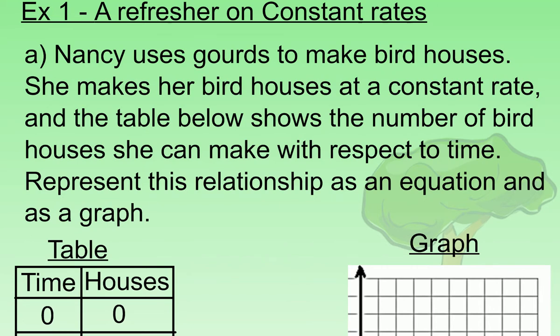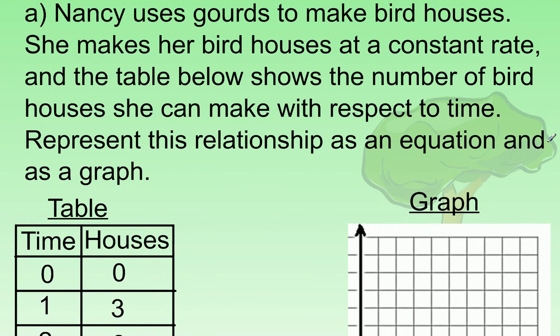So the first problem says, Nancy uses gourds to make birdhouses. She makes her birdhouses at a constant rate, which means it's proportional, and the table below shows the number of birdhouses she can make with respect to time. Represent this relationship as an equation and as a graph.